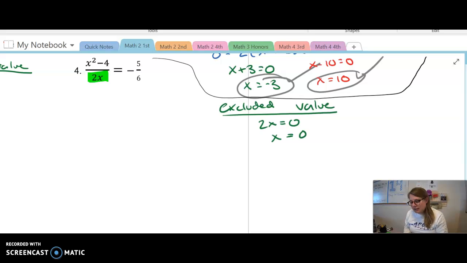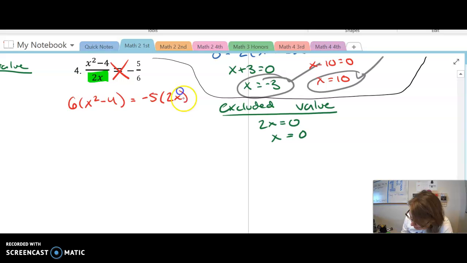So now we can go ahead and cross multiply. This one's a little different, so I'm going to work with you. I'm going to do 6 times x squared minus 4, and then I'm going to do negative 5 times 2x. If you notice, this is going to be a big common mistake: we have that negative there.